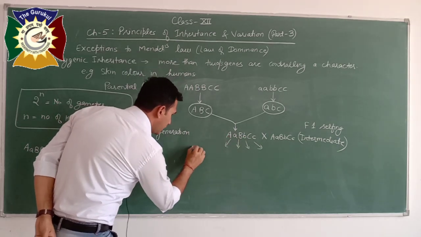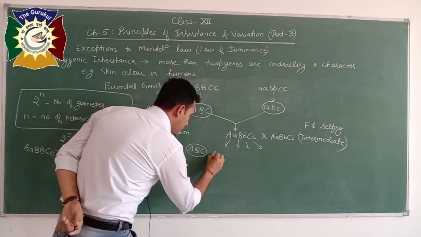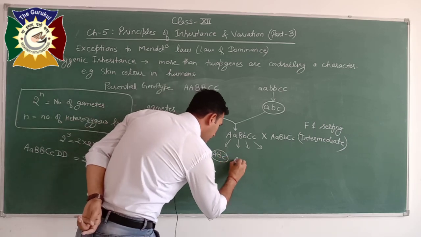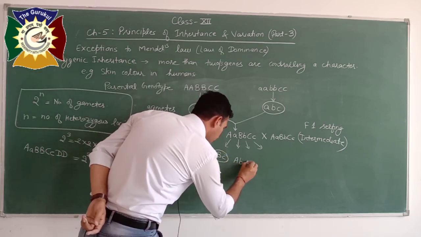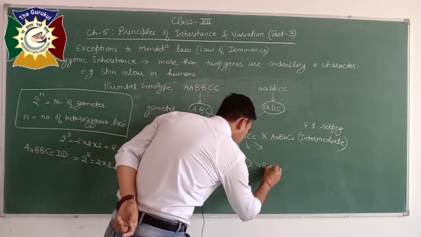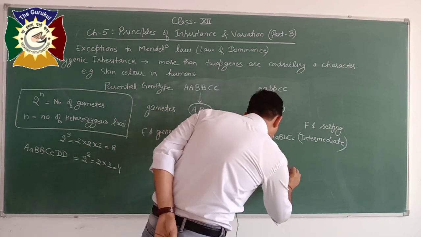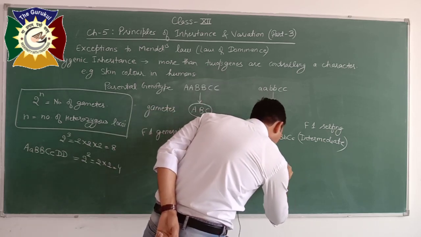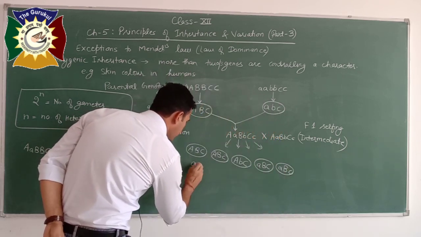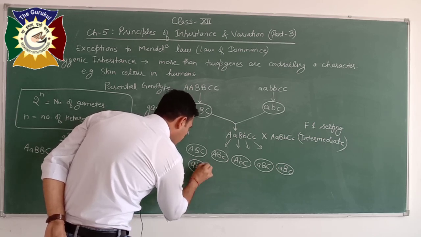First of all, we are taking capital A, capital B, capital C. एक टाइप कैपिटल A, कैपिटल B, स्मॉल c. दूसरा टाइप कैपिटल A, स्मॉल b, कैपिटल C. स्मॉल a, कैपिटल B, कैपिटल C. स्मॉल a, कैपिटल B, स्मॉल c. स्मॉल a, small b, small c.